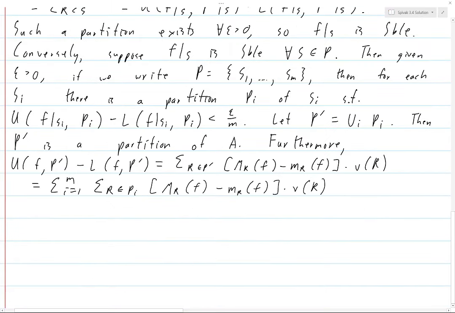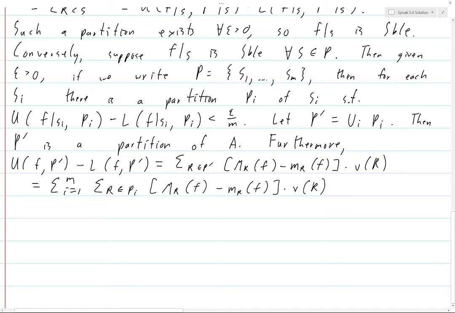Okay, so now what we can do: this sum on the inside is taken over all rectangles R which are in the partition Pi. So each rectangle is a subset of Si.